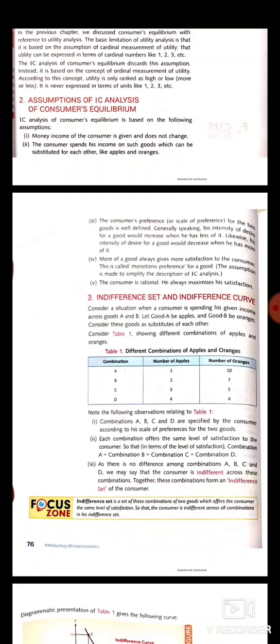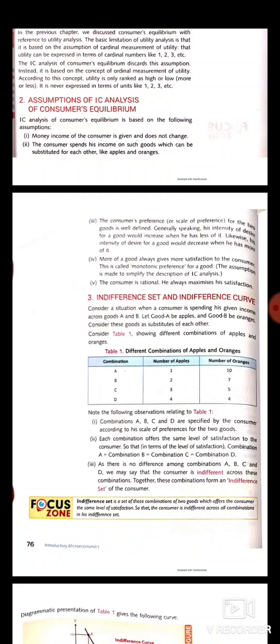Means if a consumer wants to buy more units of a commodity, then he has to sacrifice some units of another commodity. So in all the combinations, whatever be the level of satisfaction, it will remain constant. Means consumer will be indifferent about all those combinations.